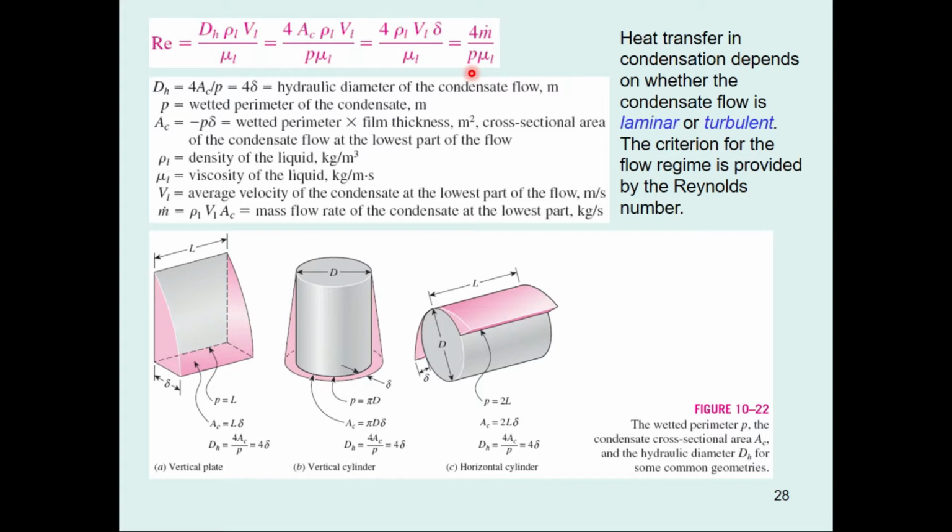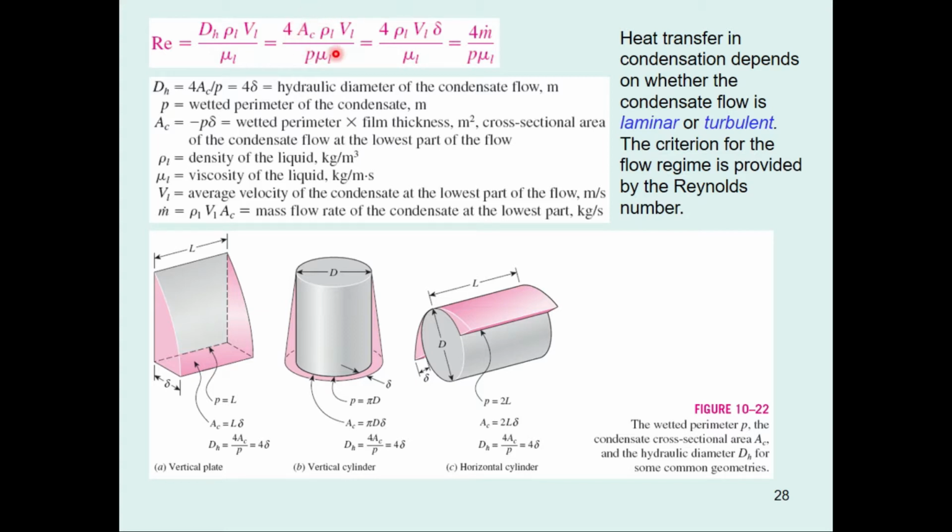The last formula can be determined by the mass flow rate of the condensate at the lowest part. If we multiply the density, the average velocity and the area, as you can see in this formula, these three terms, Ac, rho L and V L, can be replaced with the mass flow rate.